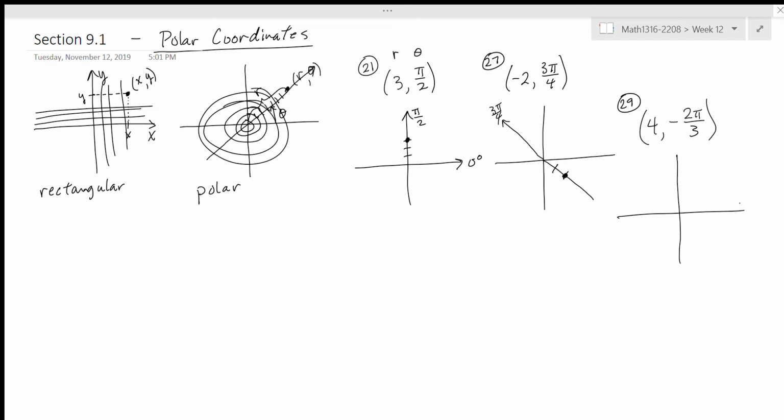Clockwise. So we're going to have to go to 2 pi over 3 going clockwise. Okay, so let's count by sixths: 1/6, 2/6, 3/6, 4/6, and is 4/6 2/3?